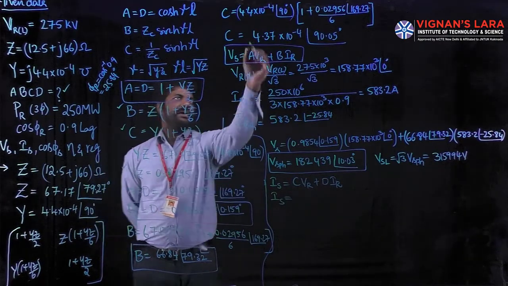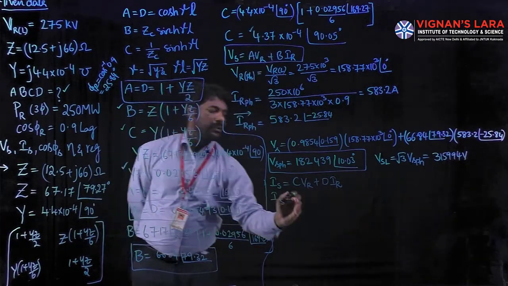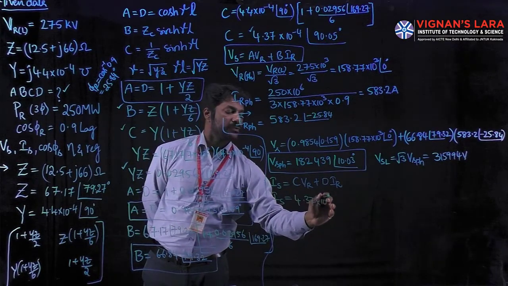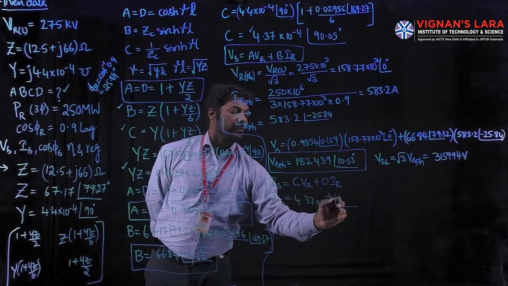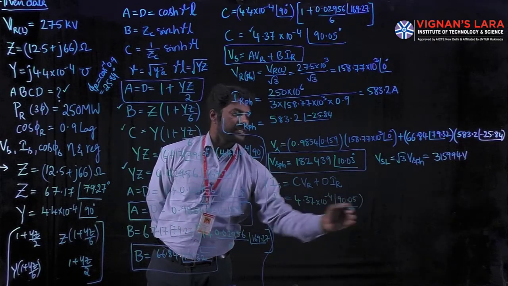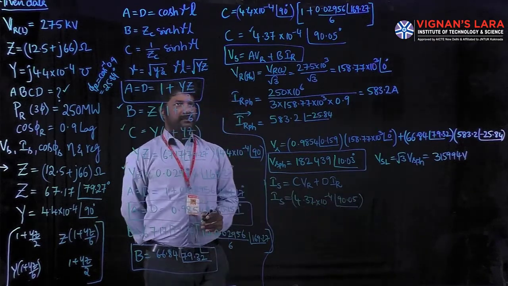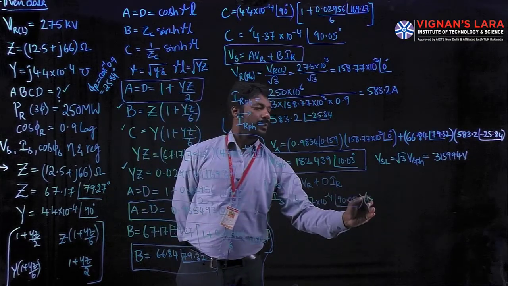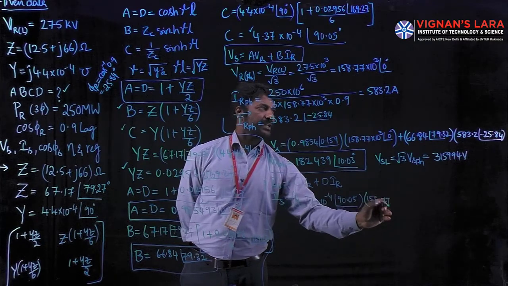Constant C is there. Yes, this is constant C. Let me substitute them. 4.37 into 10 power minus 4, making an angle of 90.05, C into VR per phase. The VR per phase is 158.77 kV.